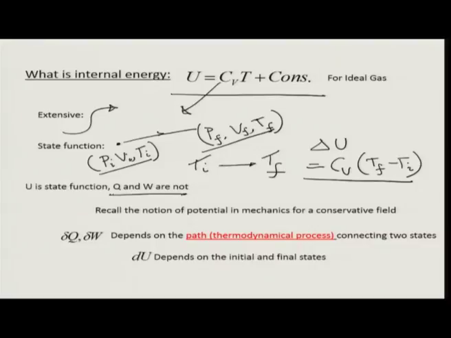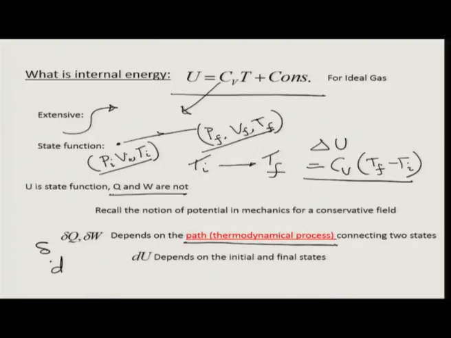So, heat absorbed or work done by the system, they are not state functions, they are functions of the process. Okay? So, as I have written here, delta Q, delta W, and that is why this delta not d, delta Q, delta W depends on the path, the thermodynamic process.